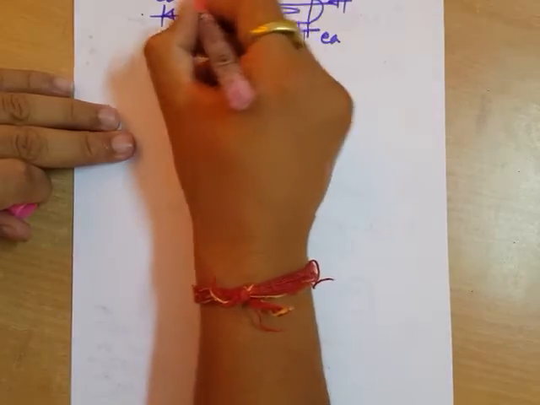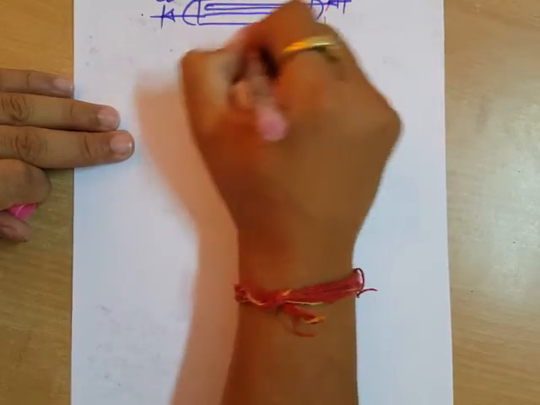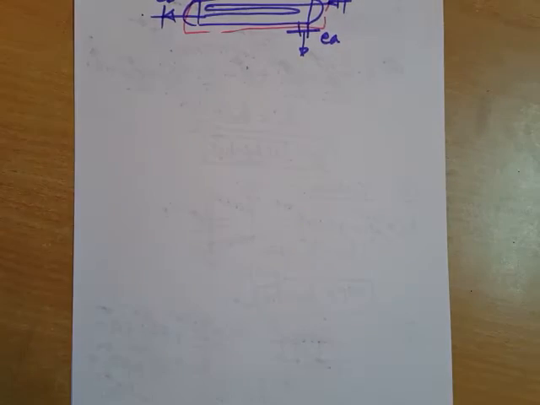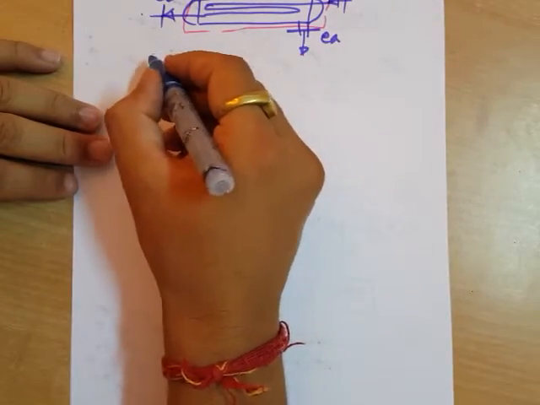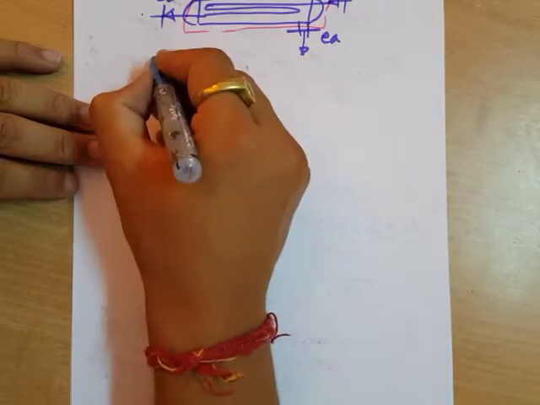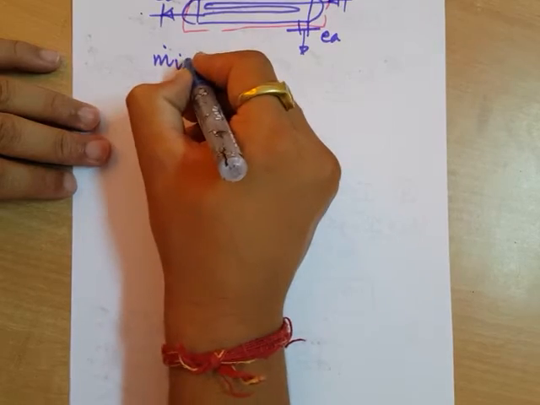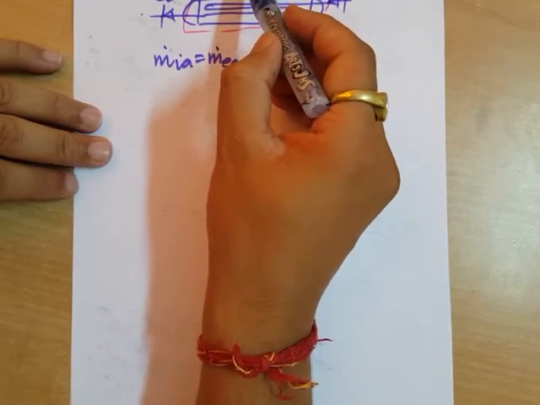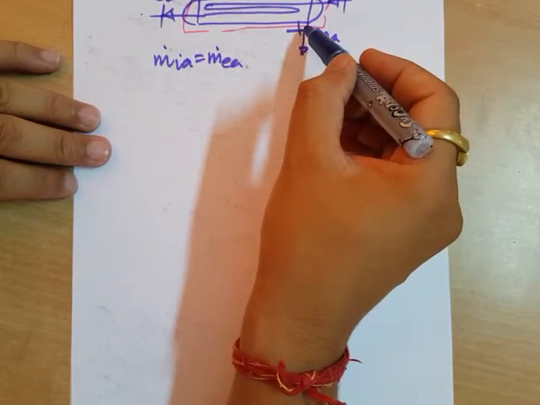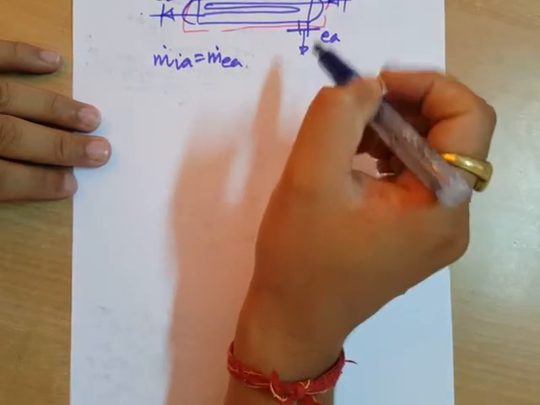So let us draw the control volume in which we are interested, where we want to apply our steady flow energy equation. If the flows are steady, I can say m dot IA will be equal to m dot EA. That means the rate at which fluid A enters is equal to the rate at which fluid A leaves.